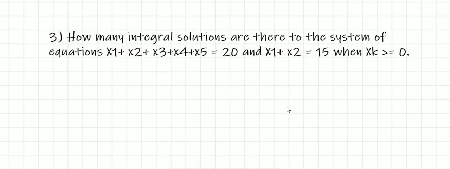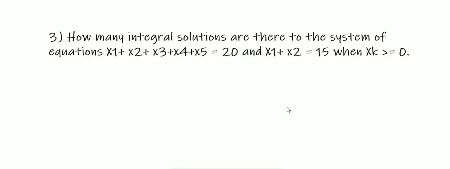In the third question, how many integral solutions are there to the system of equations x1 plus x2 plus x3 plus x4 plus x5 is equal to 20 and x1 plus x2 is equal to 15, when each parameter xk is greater than or equal to 0? So this is a system of equations, a simultaneous system.